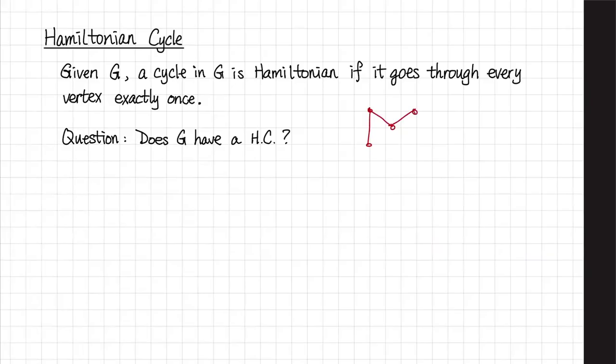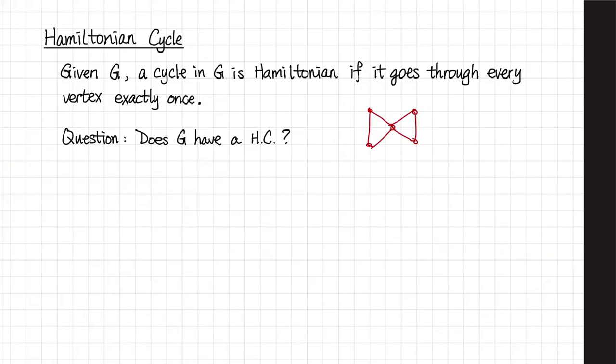Now, if I give you a graph, does this graph have a Hamiltonian cycle? Go through every single vertex exactly once. Well, you still have to go back to the start.